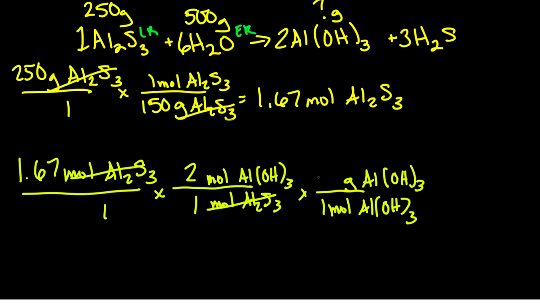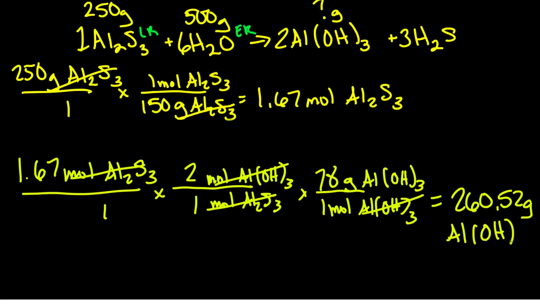So aluminum hydroxide is 78 grams for its molar mass. So our moles of aluminum hydroxide cancel out, and then at the end we should have grams of aluminum hydroxide. So let's knock this out real quick. We got 1.67 times 2 divided by 1 times 78 divided by 1. So I should produce 260.52 grams of aluminum hydroxide for our second answer.